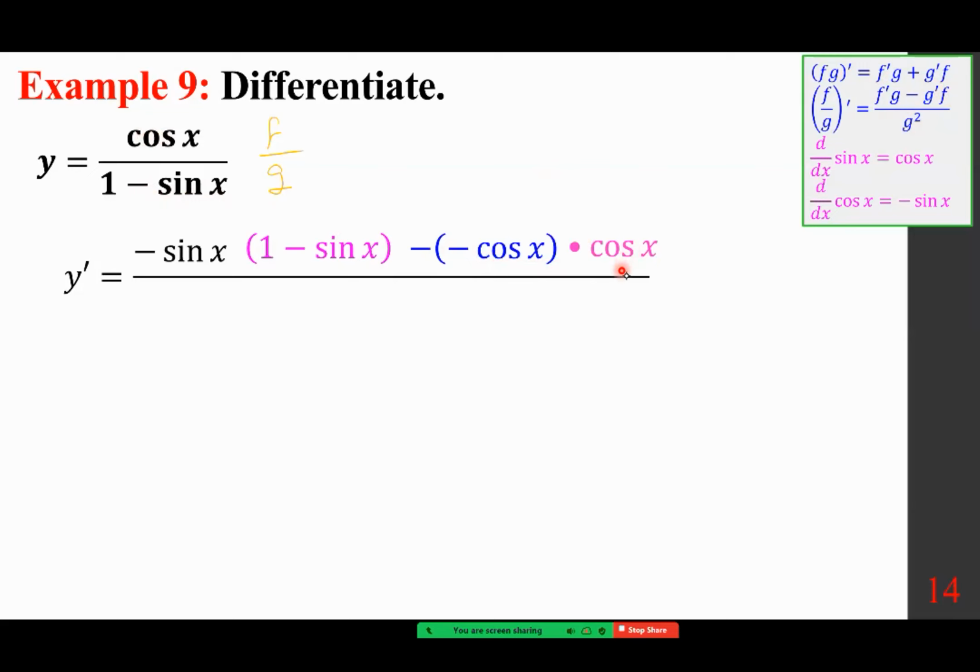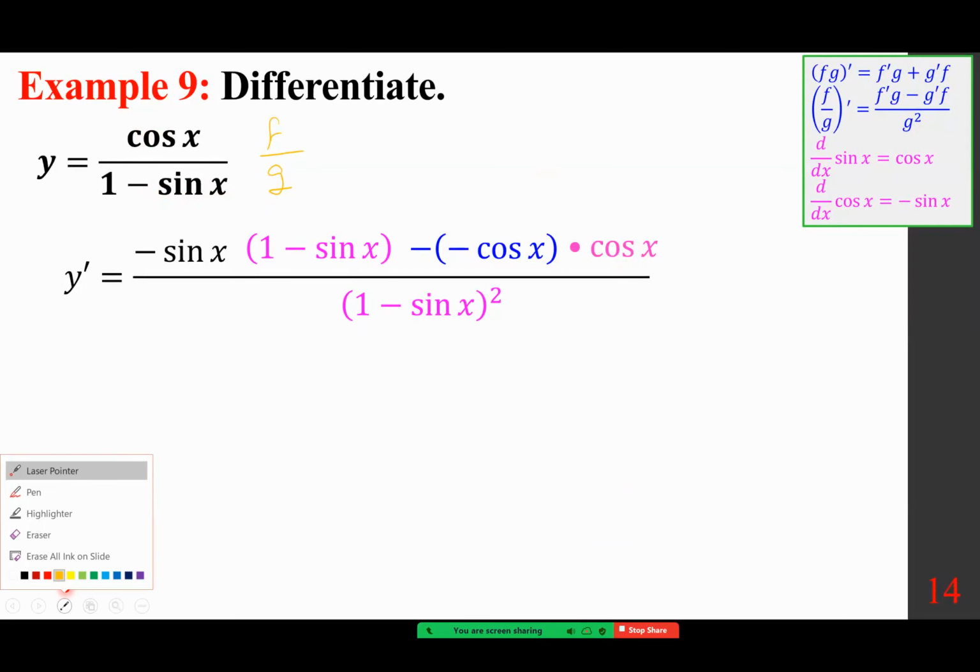So this is it. Over the g, which is 1 minus sine x squared. Now let me write this. I want to make sure we understand that we have f prime g minus g prime f over g squared.